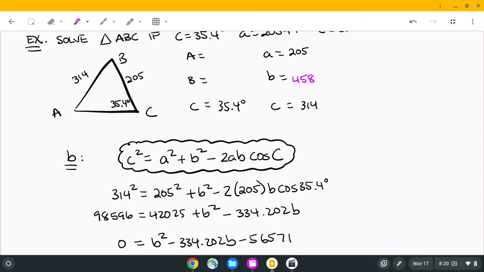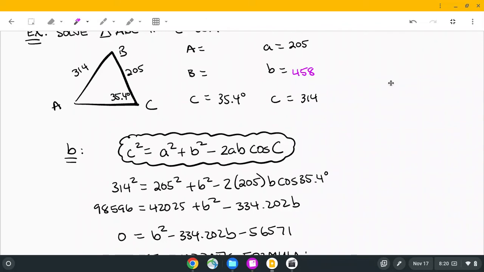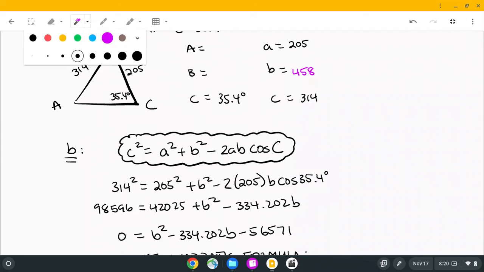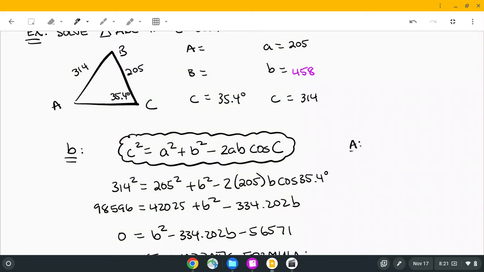Let's go ahead and solve for A. I'm going to do it over here so that we don't have to scroll down all the way.